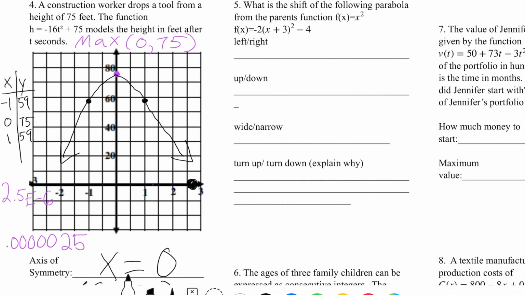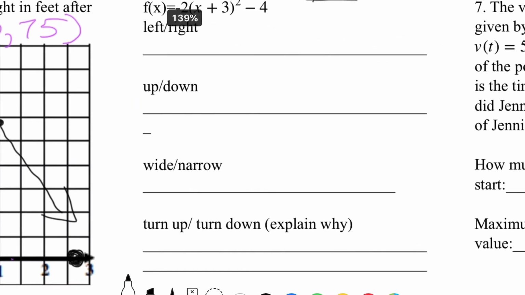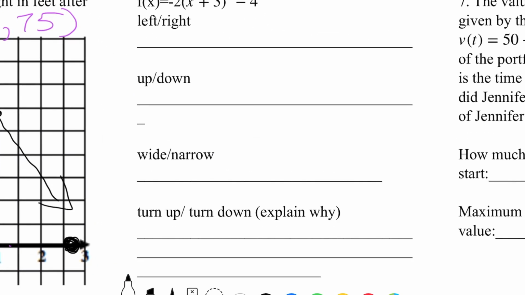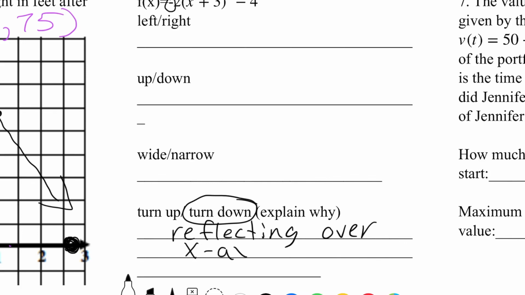For number 5, you're putting that into your calculator and you can look at it compared to your parent function, which is here, or you're looking at your transformations that you should know by now. Your negative out front tells you that it's going to be turning down or reflecting over the x-axis.